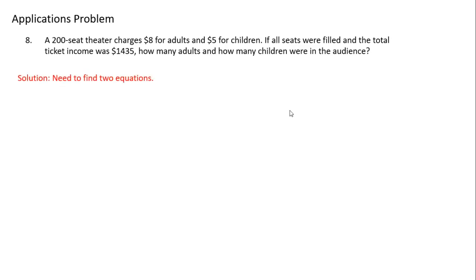So the first thing that we need to do is come up with two equations from this information that we have here. And for the first equation, we can use something that we have already studied, how to get revenue, right? Revenue is price times quantity. So for instance, we know that we have seats and each seat is worth a different price, either for adult or for a child.